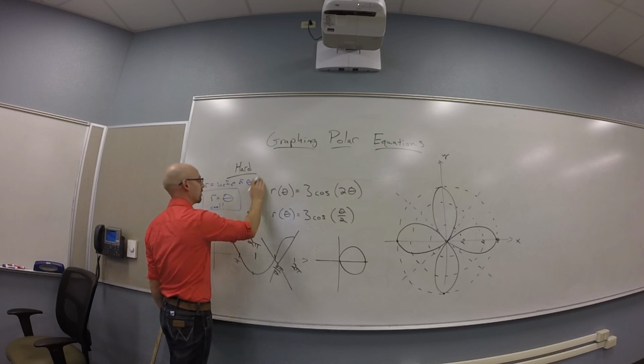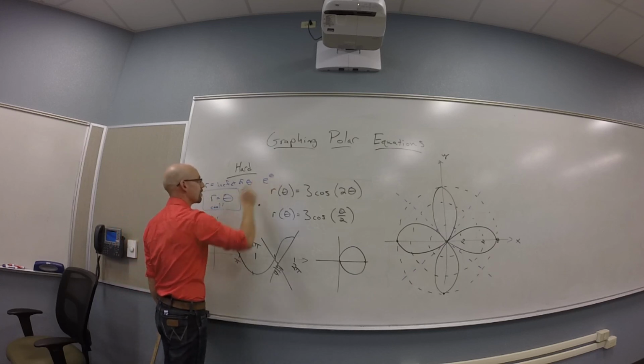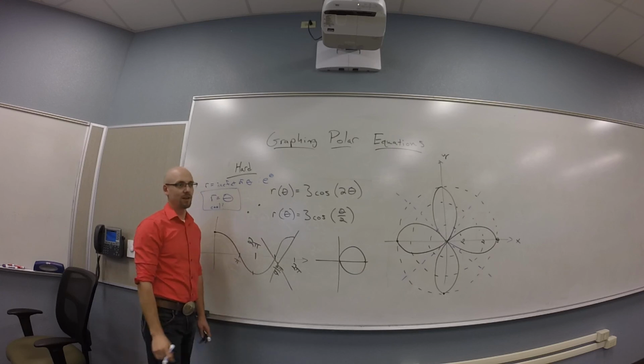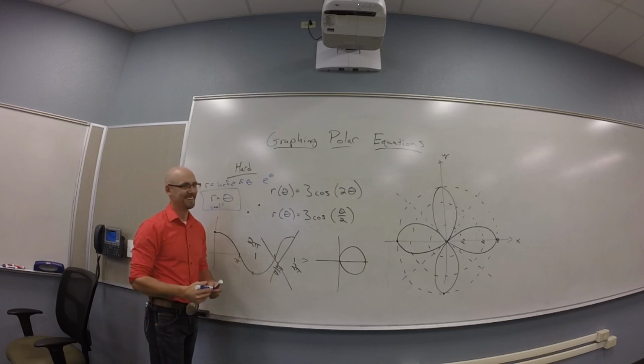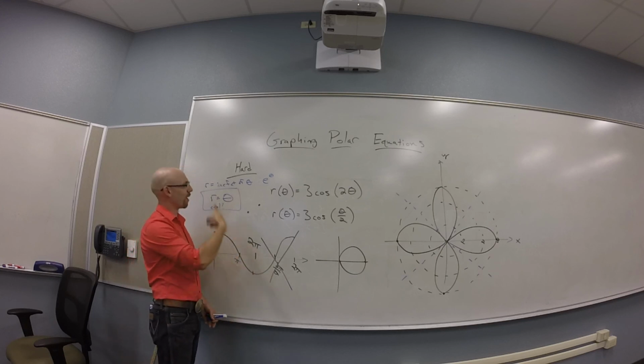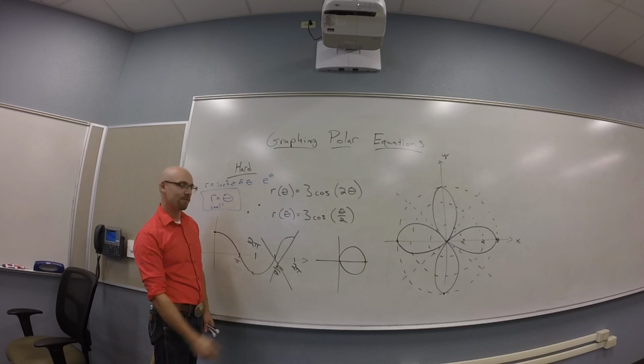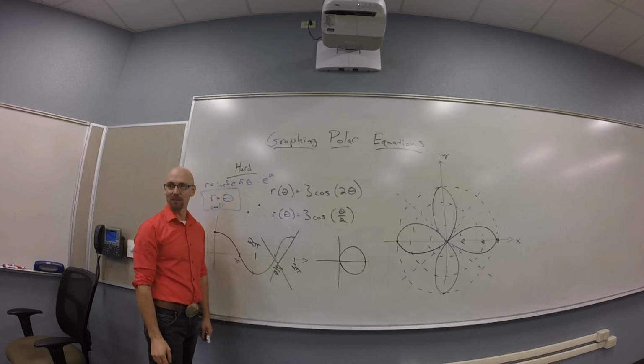So for instance, one of these might be like e to the theta, kind of an entertaining picture. This is basically a faster spiral. There's other kinds of spirals you can make this way. Some of them have much relevance to biology and other things.